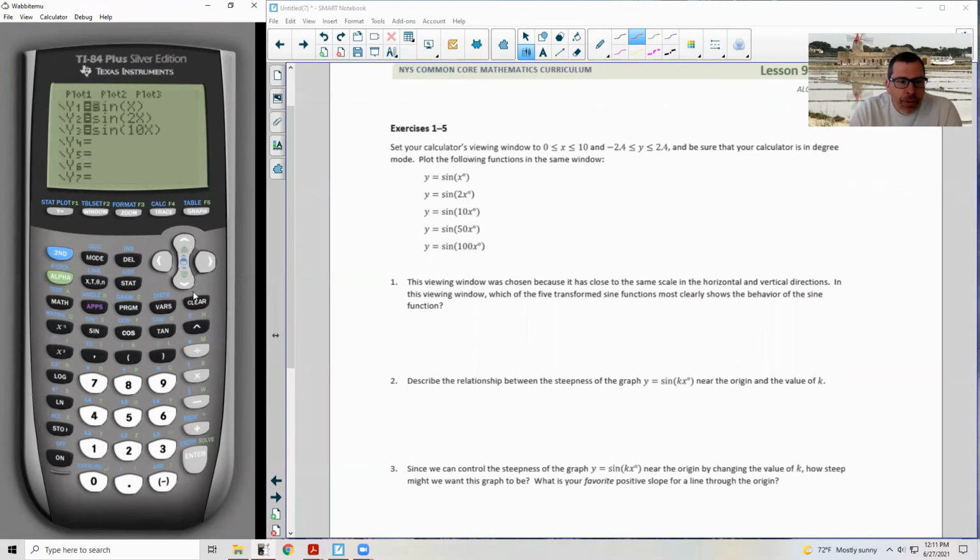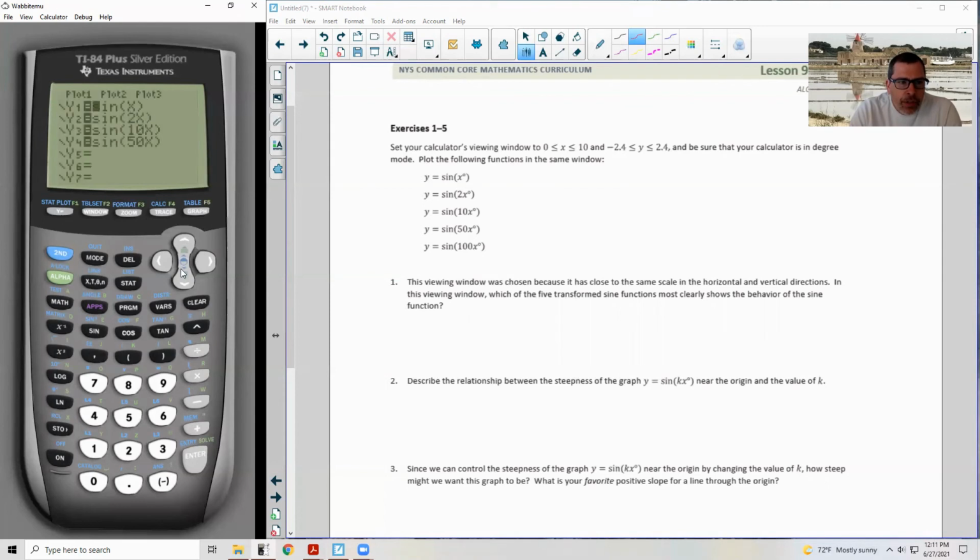And now we're going to do sine of 50x. So sine 50x and graph. Okay, that one we are able to see starting here to here is one period and then the beginning of the next.